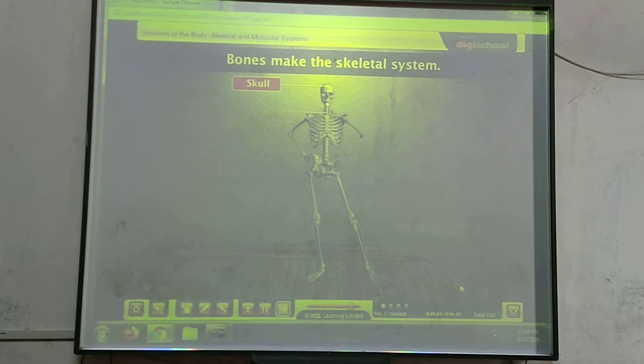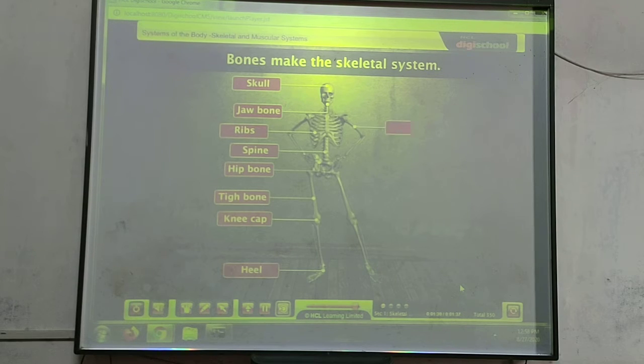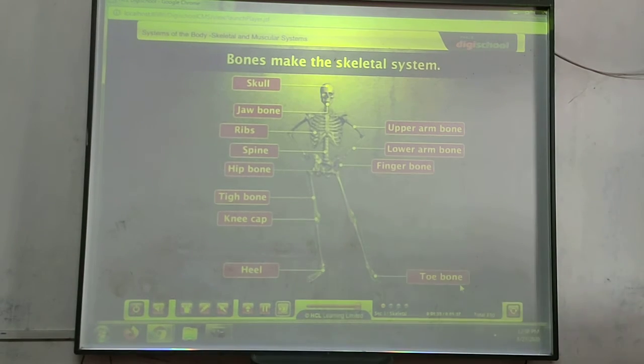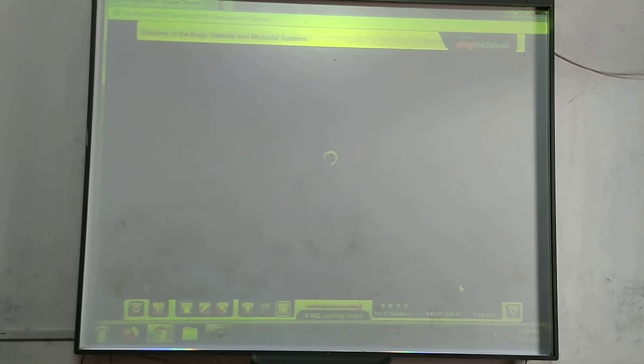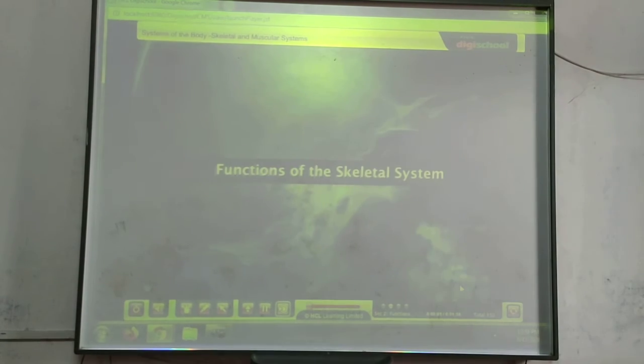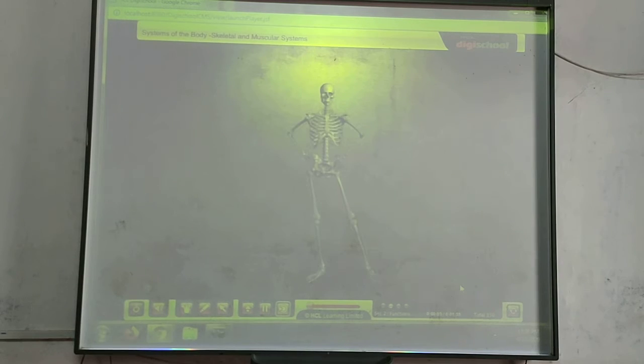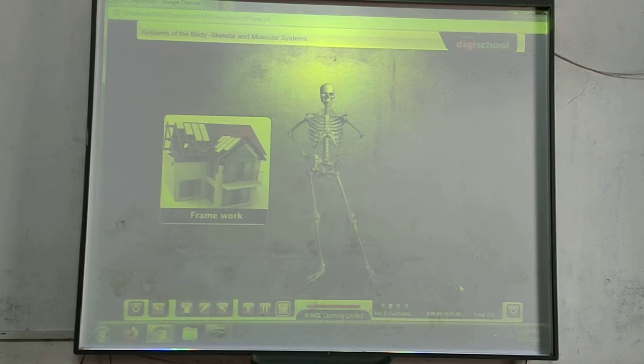The bones of the body make up the skeleton. The skeleton gives the body a strong framework, and it gives shape and support to the body.